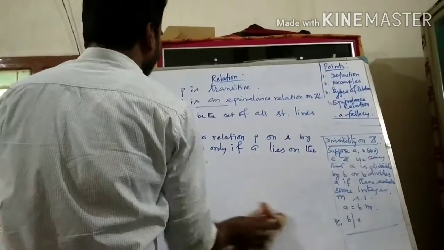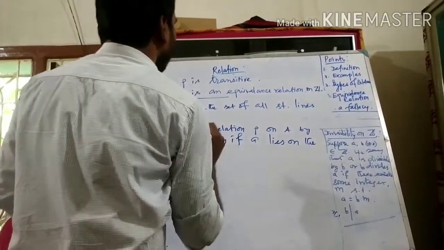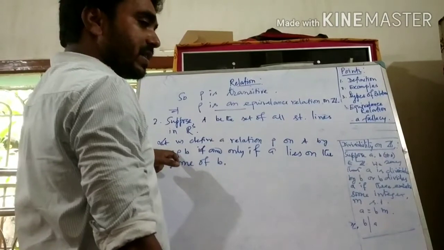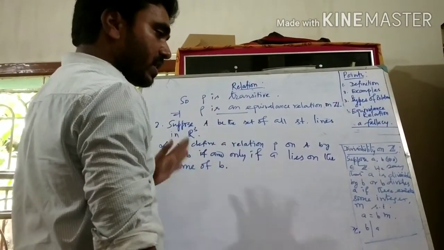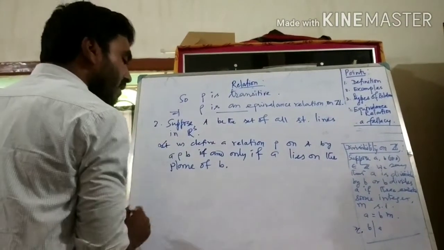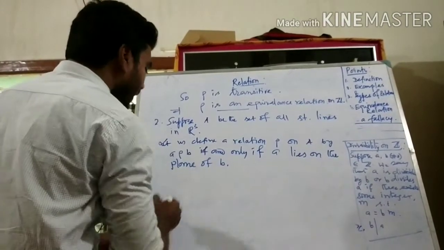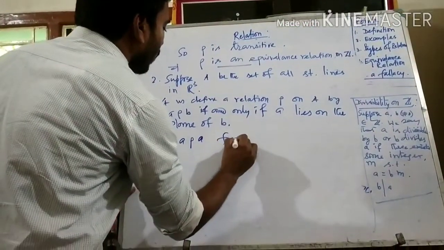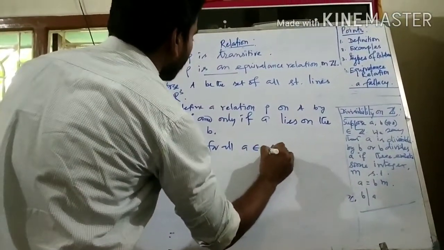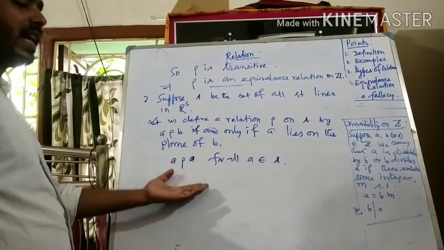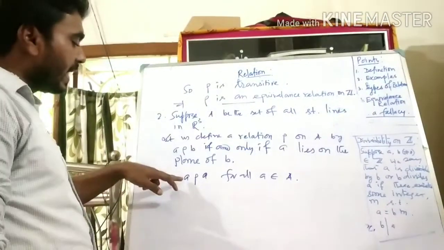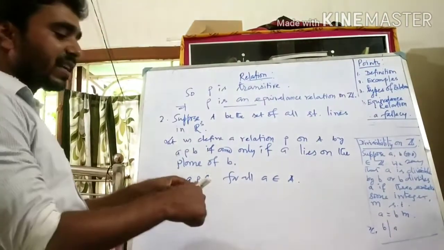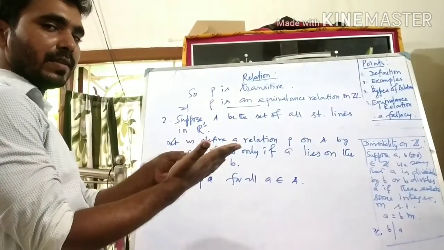Okay. Now let us check whether this relation is reflexive or symmetric or transitive, etc. For reflexiveness, we have to show that A is related to A for all A belongs to A. And this is clear, right? Because A is a straight line, any straight line lies on a plane, right?